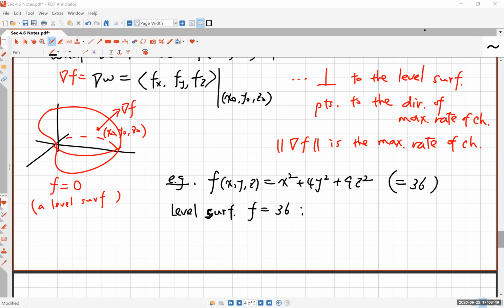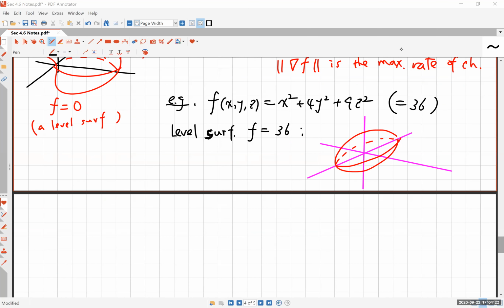Let me quickly draw this. If you do careful analysis here, you'll see that this is 6, because 6 squared is 36. So 6, 0, 0 is on this level surface. And what's this point here? For y, that's 3, because 0, 3, 0 is on the surface. You can see that this will be 36.